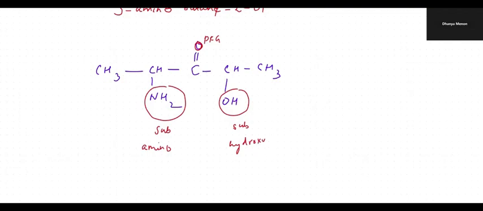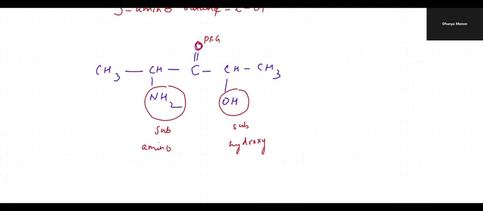Now, the numbering. The amine and the alcohol, both of them have become the substituent now. You cannot say alcohol is more important or amine is more important, because both are substituents. Now, numbering from which side?